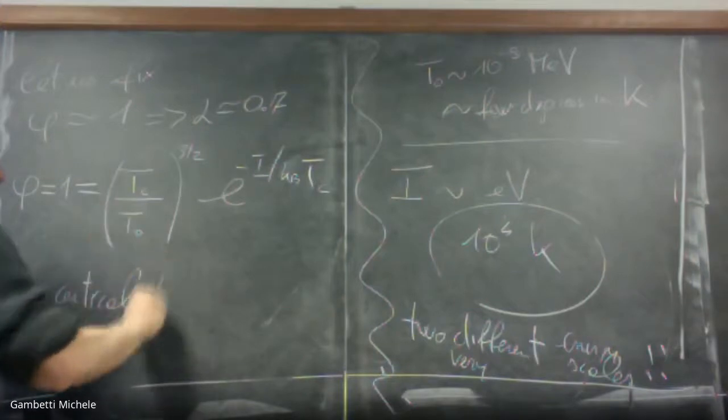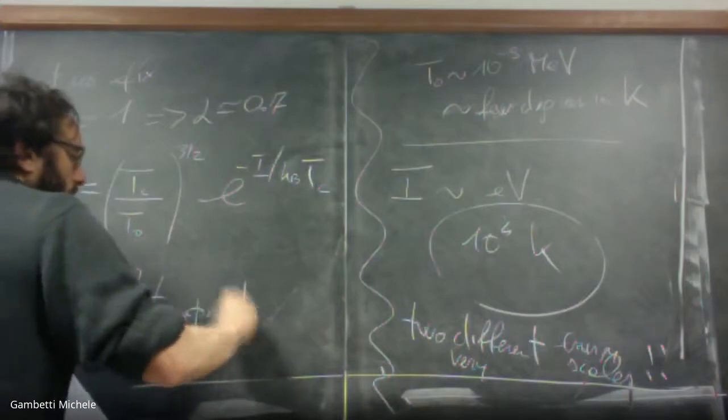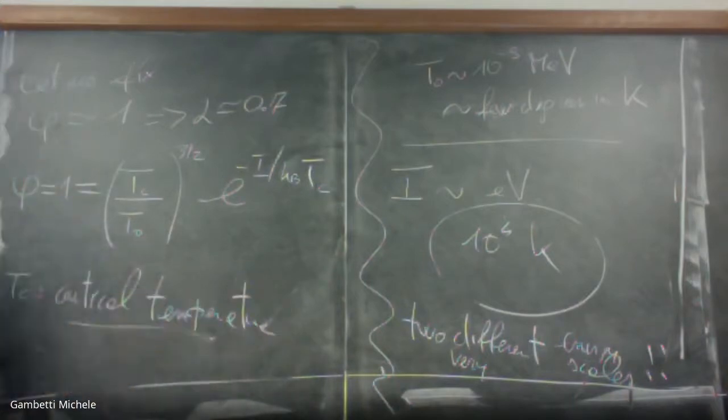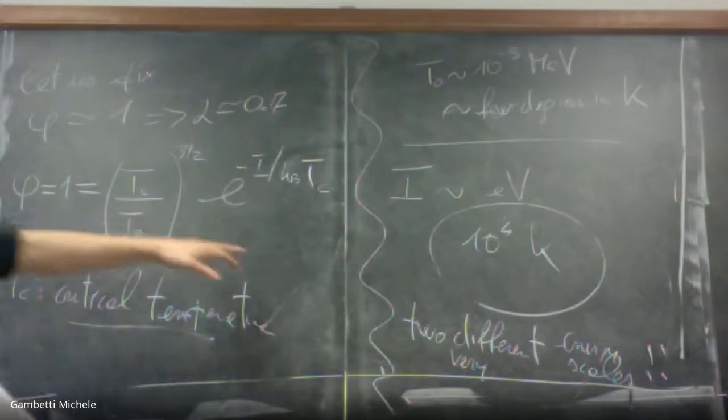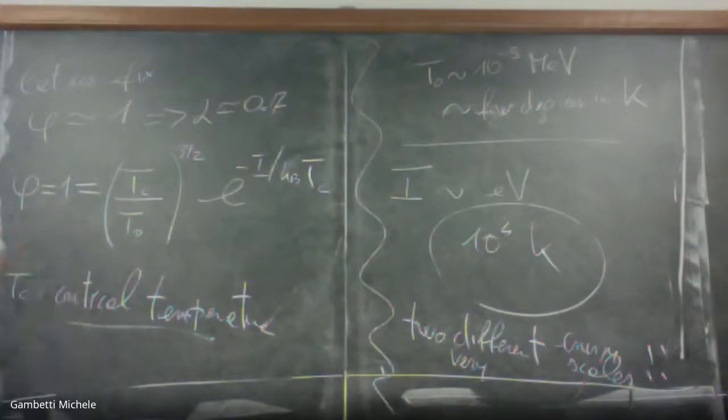It is not really a critical temperature in terms of phase transition, but let's call it that, just to make a difference between T and Tc. Tc is the value of the temperature for which phi is equal to 1.